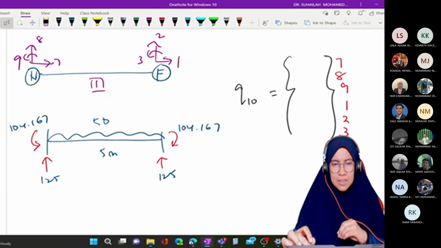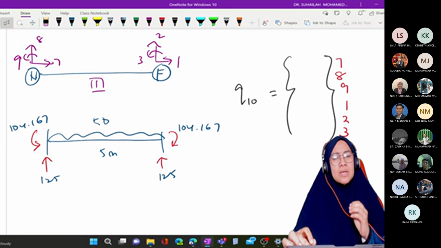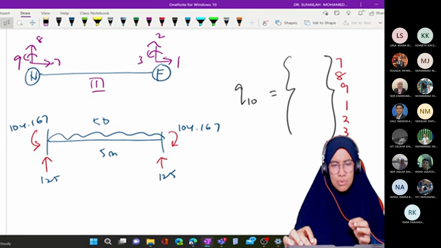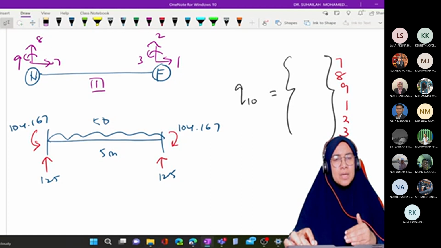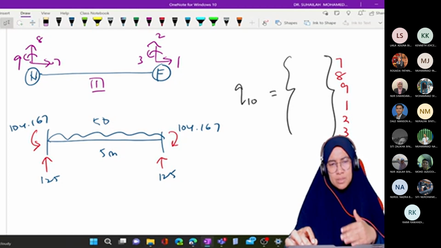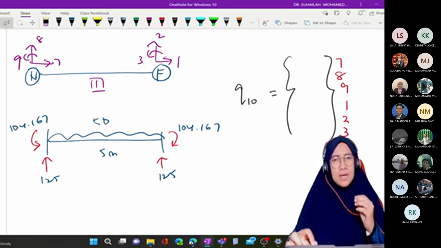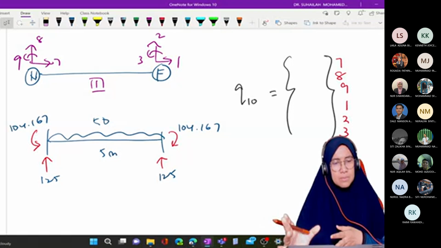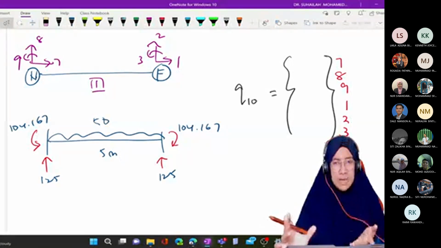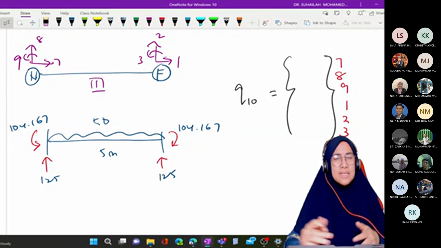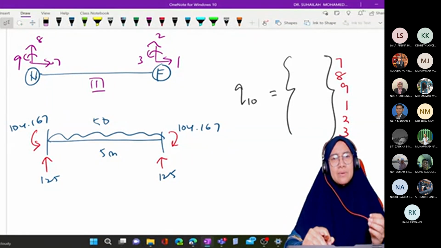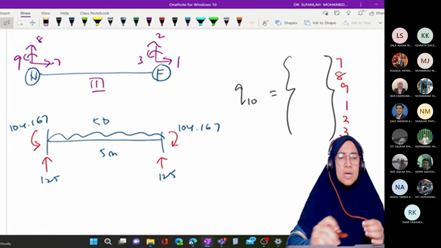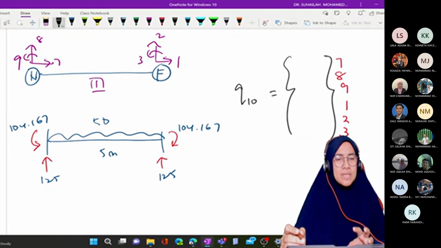Find the value in the second diagram in the X direction, at near node. Is there any value that we can put? Compare. No, there is no value, because this is a beam and we don't have an X value. So at position number 7, the value is 0.